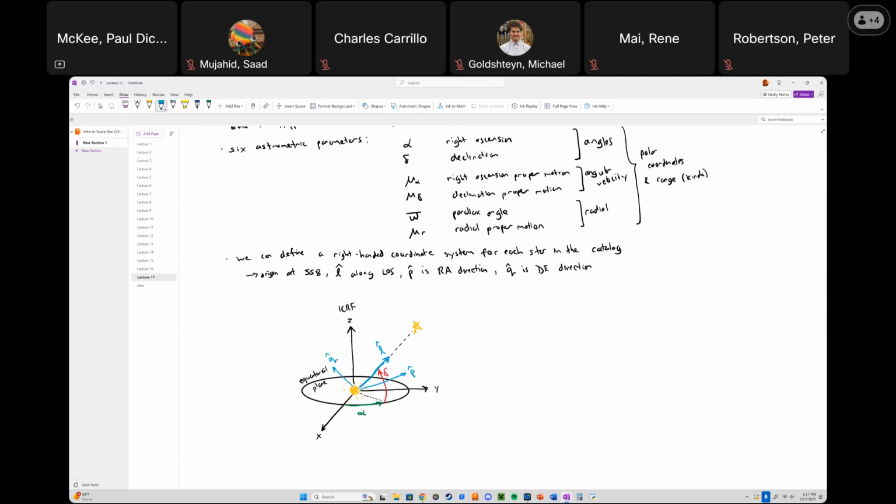L, P, and Q. Hopefully you can see that L, P, and Q is a right-handed coordinate system such that P cross Q is L. So you can think of P as like the X direction of this new frame, Q is the Y, and then L is the Z, where P is the direction of increasing alpha and Q is the direction of increasing delta. That's the idea here.